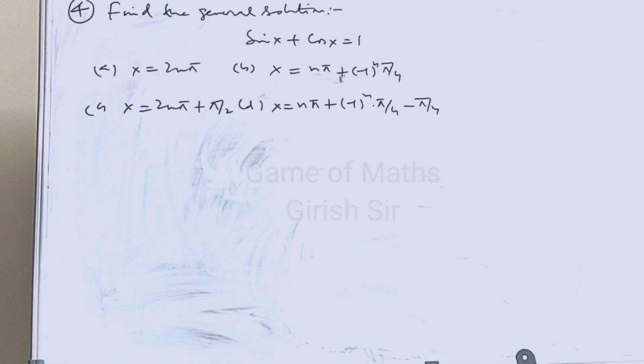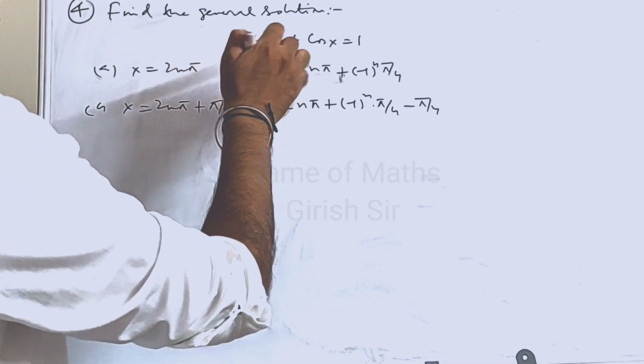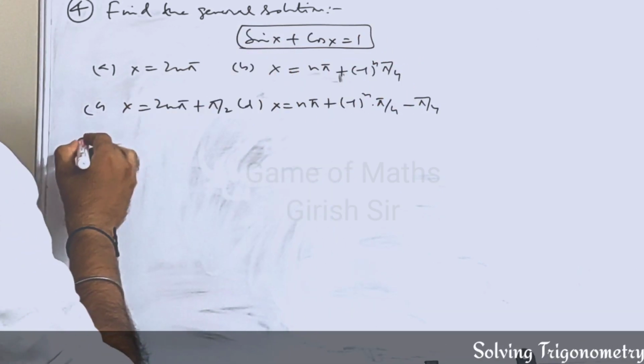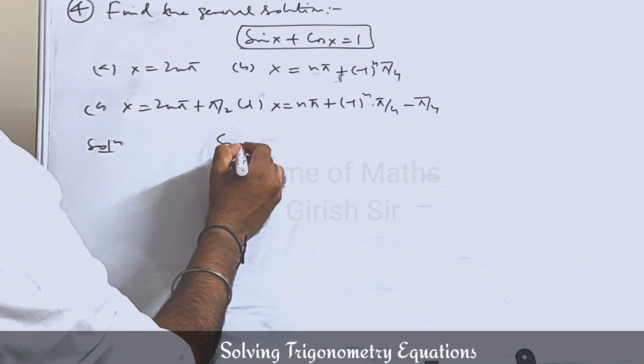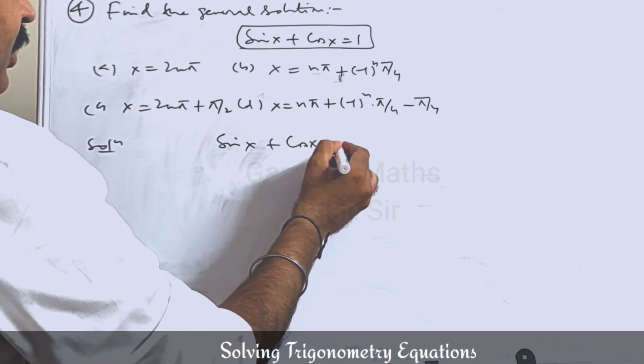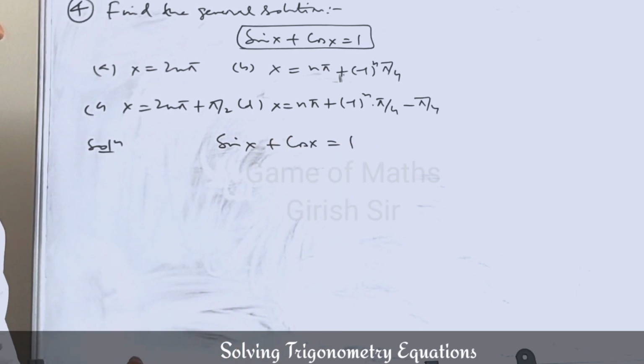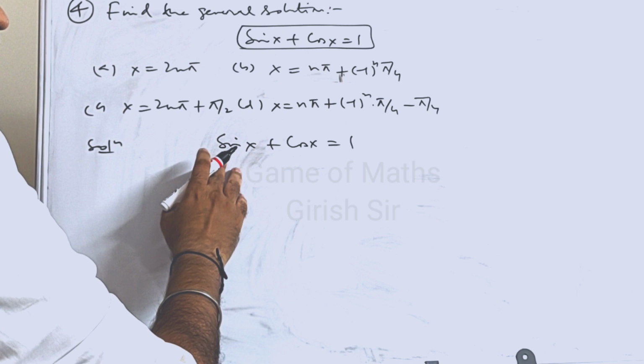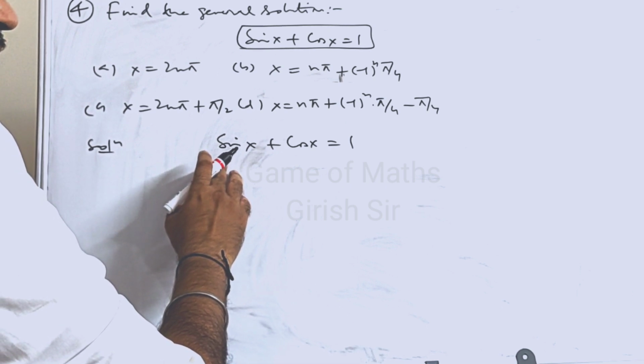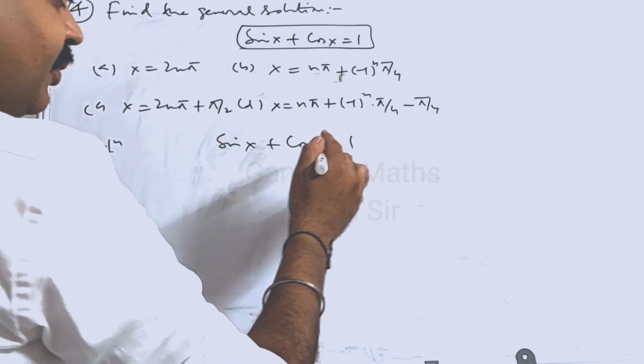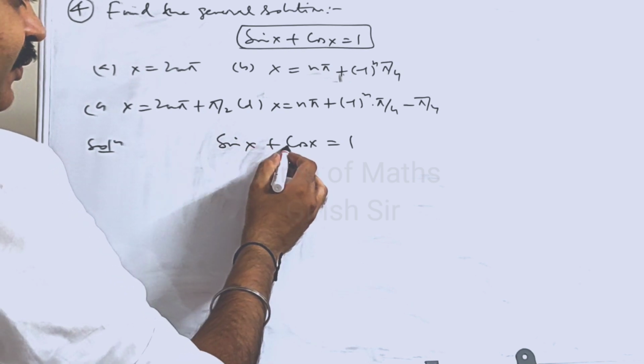Next question, we have to find the general solution of this equation. Now in this case we'll divide on both the sides by root 2. Why root 2? I'll tell you. The coefficient of sin x is 1, the coefficient of cos x is also 1.